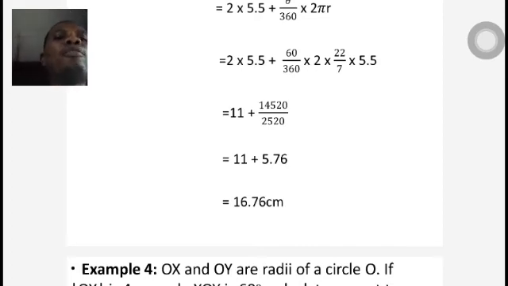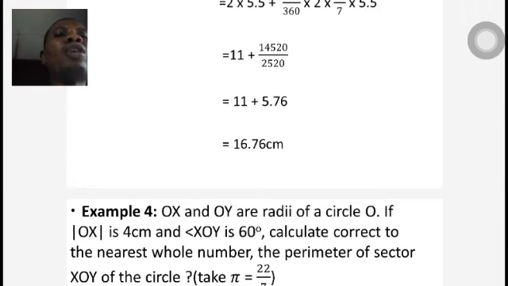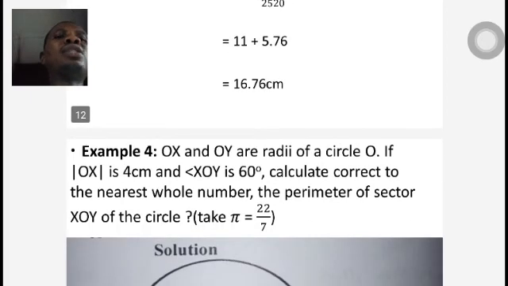So now I have 11 plus 14,520 over 2520. When you divide 14,520 by 2520, we have 5.76. So add 11 and 5.76 together, we have 16.76 centimeters.